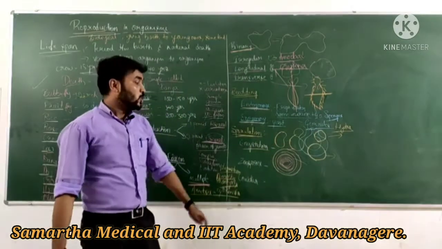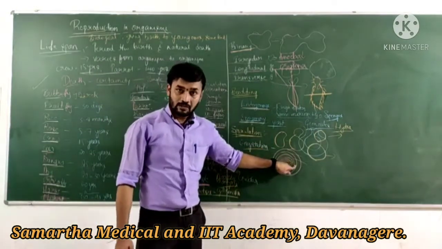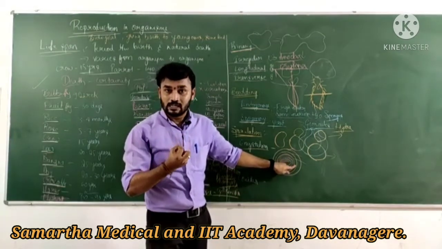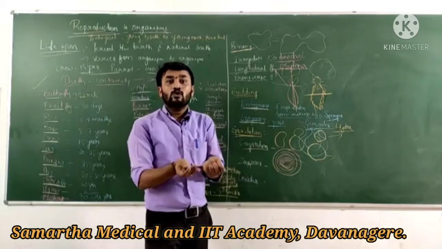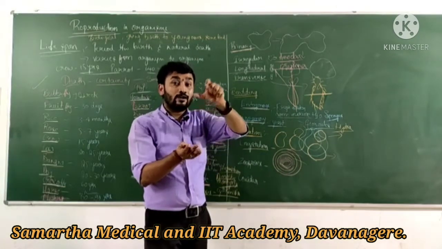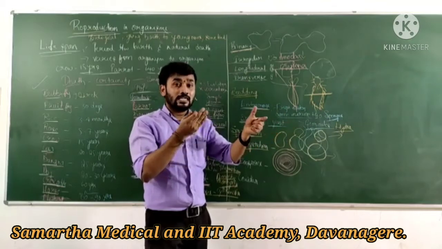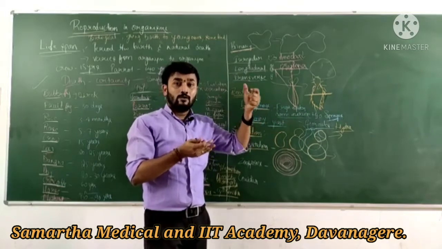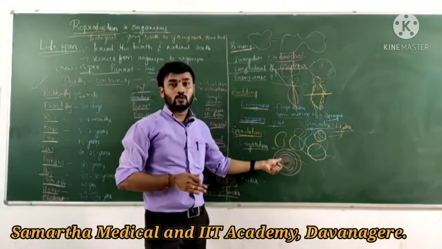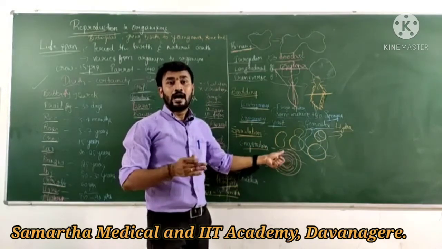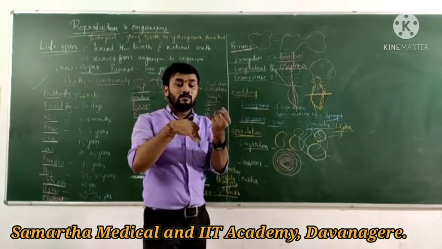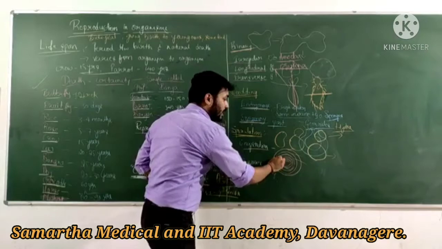What is that? During unfavorable condition, amoeba withdraws its pseudopodia or locomotive structures and it envelops itself with three coated layers. So during adverse or unfavorable conditions, amoeba withdraws its pseudopodia and then it encysts or forms the envelope. It forms the envelope that is of three layers.